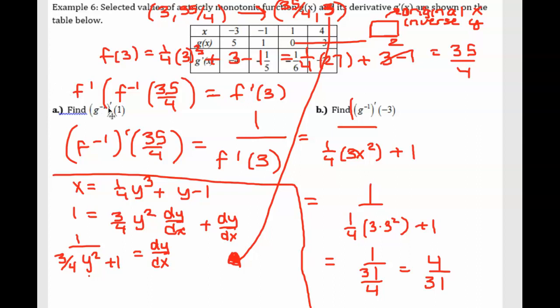So in terms of this problem here, if I'm looking for g inverse prime of 1, and we're comparing it to what we were looking for here, that 1 is the y value of the original.